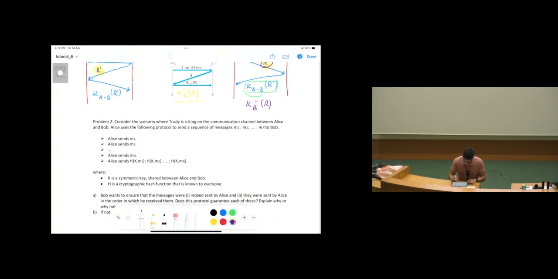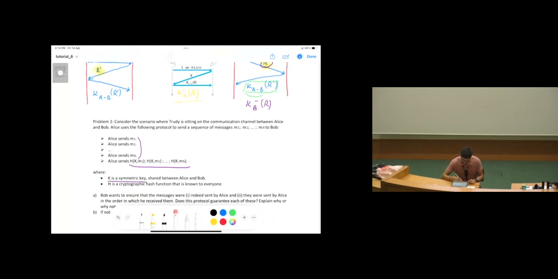So Alice uses the following protocol to send a sequence of messages M1 to Mn to Bob. All these messages, and then she sends all the hashes of the message concatenated with a key. So what is that key? K is a symmetric key shared between Alice and Bob.